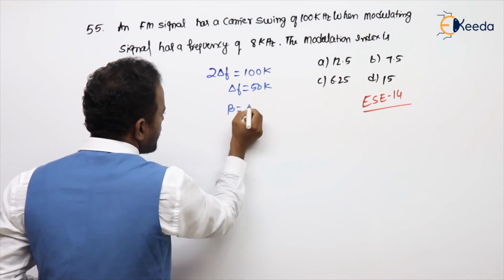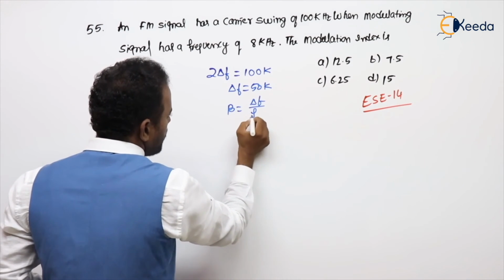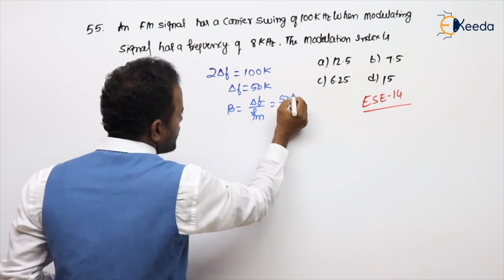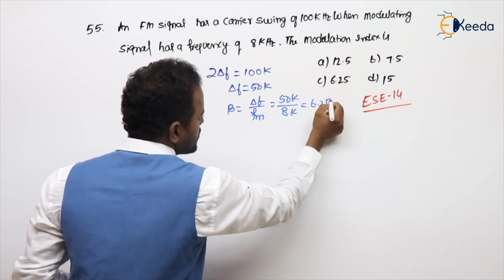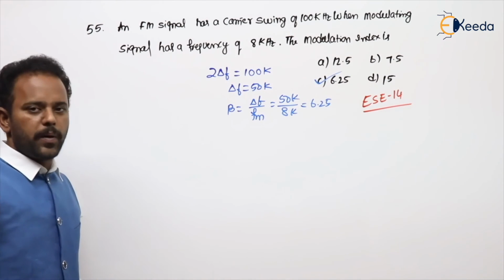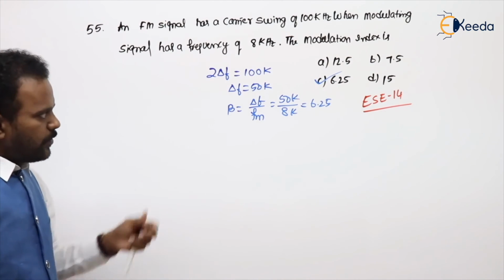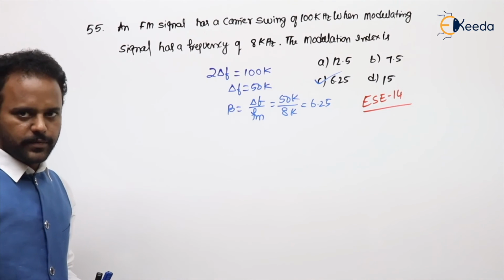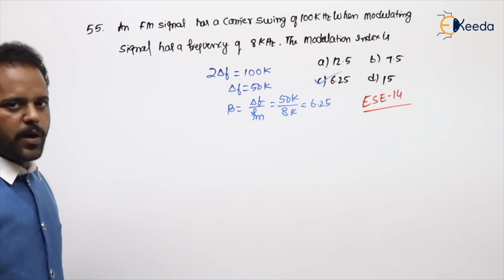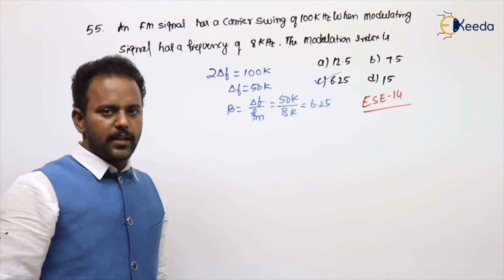Then modulation index is delta f by f_m, which is 50K by 8K, which is nothing but 6.25. Direct problem. This was one of the engineering services examination problems in 14. See, all engineering services problems are almost direct and simple questions only.